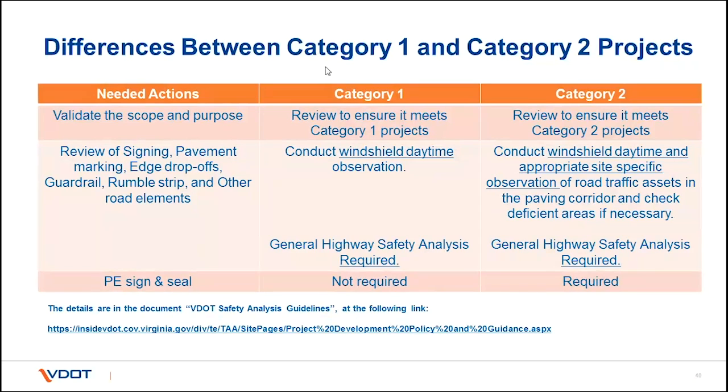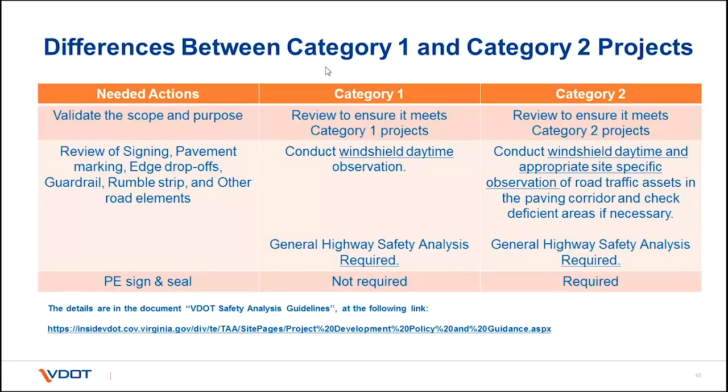We have placed the document on our website for you to access and take a look at. Again, this is an agreement that FHWA and VDOT reached back in 2017. It has been slightly updated in 2018, and you will be able to see the most up-to-date version when you click on this link.